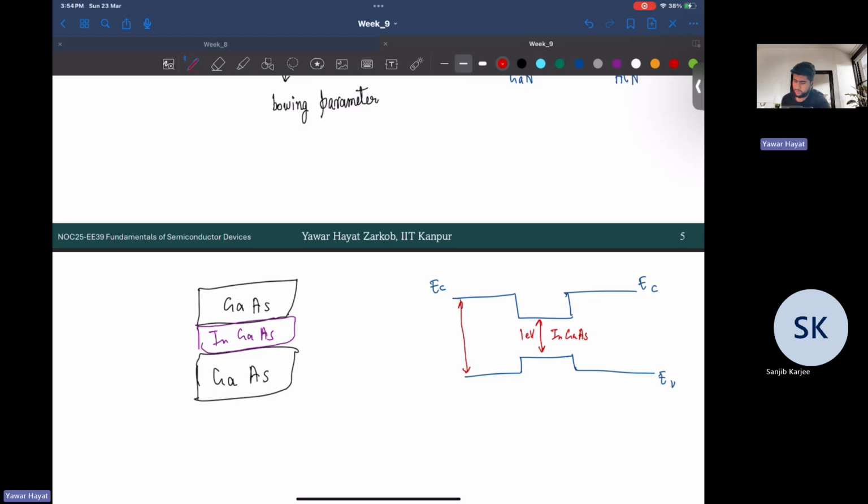This is 1.4 eV, this is your gallium arsenide. So an electron would be trapped here, and likewise a hole will get trapped here. Treat this as a particle in a box.